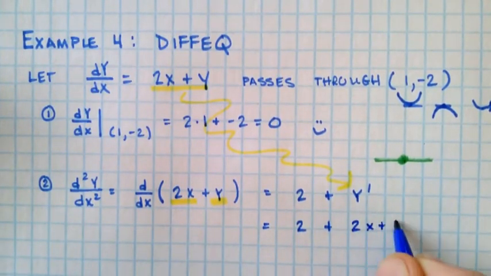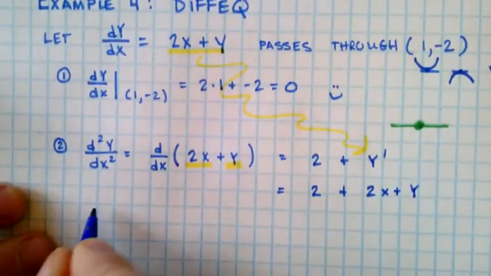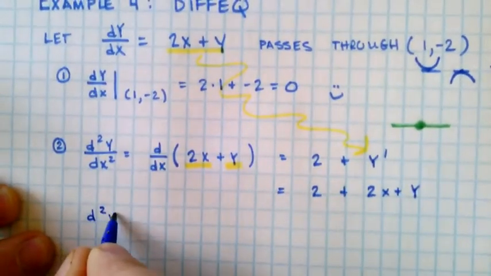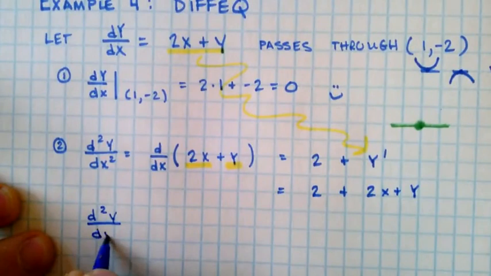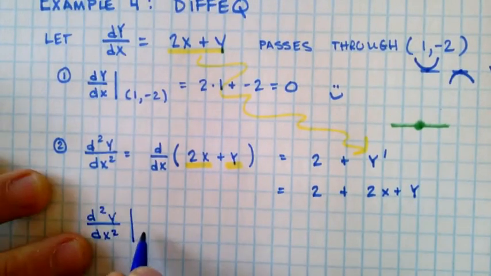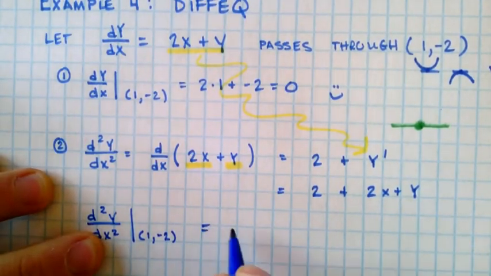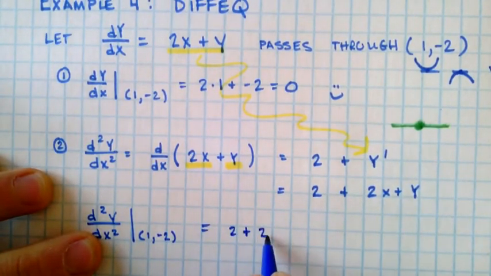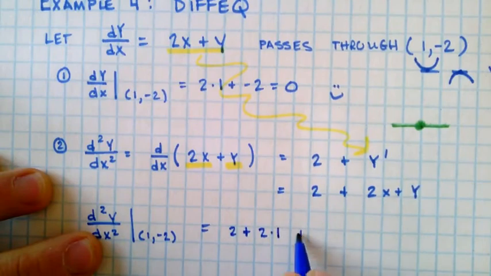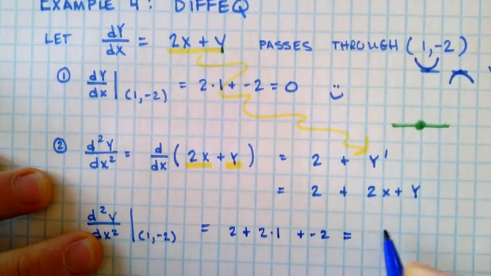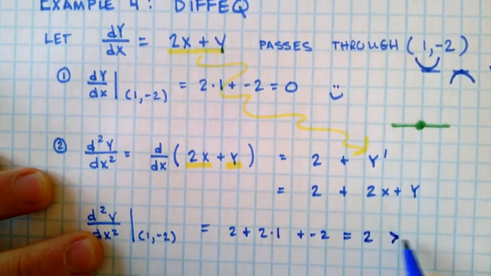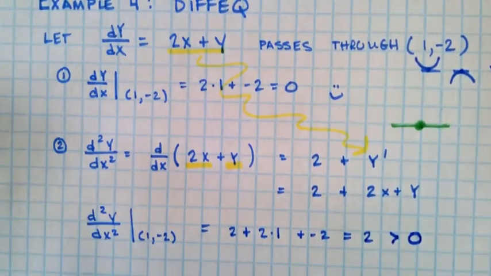2x plus y. Now, if I take our expression for the second derivative and I plug in the point that we are interested in, I get 2 plus 2 times 1 plus negative 2, which is 2, which is a positive number.